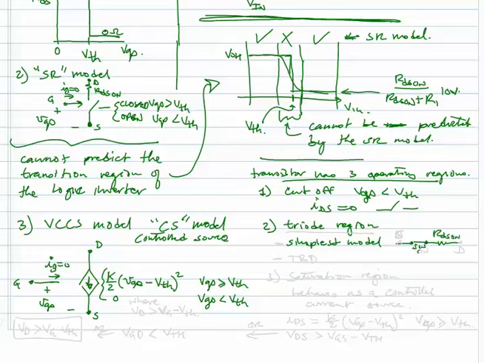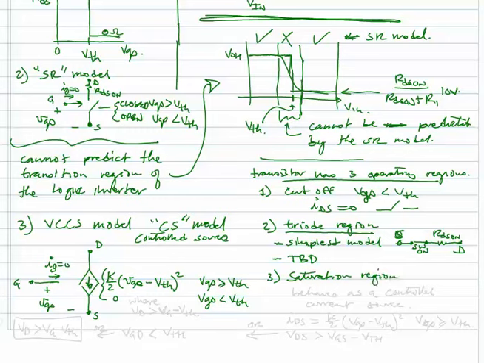Here's our source and our drain, if you will. It doesn't matter. The simplest model would be that. There's another model that I'll just say is TBD. We'll describe that later. We actually don't need to use that one today. The main thing is that it's called the Triode Region, and then the third is called the Saturation Region.